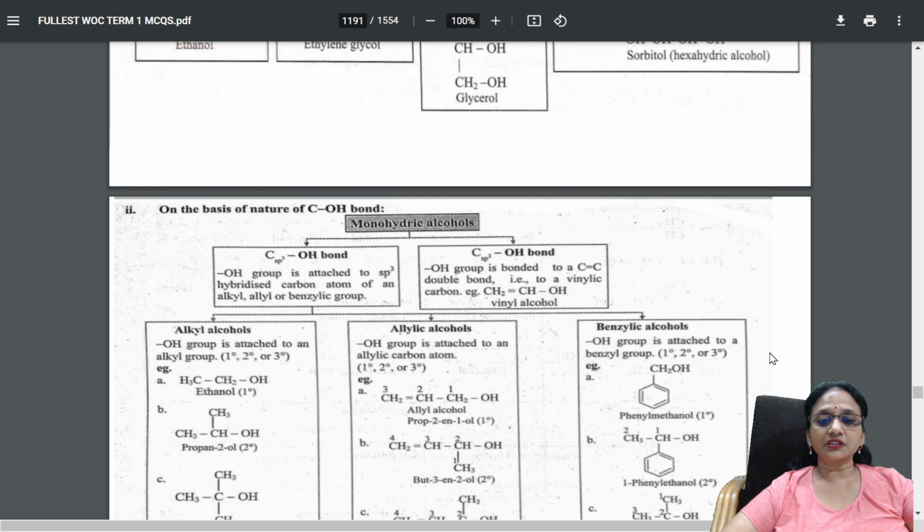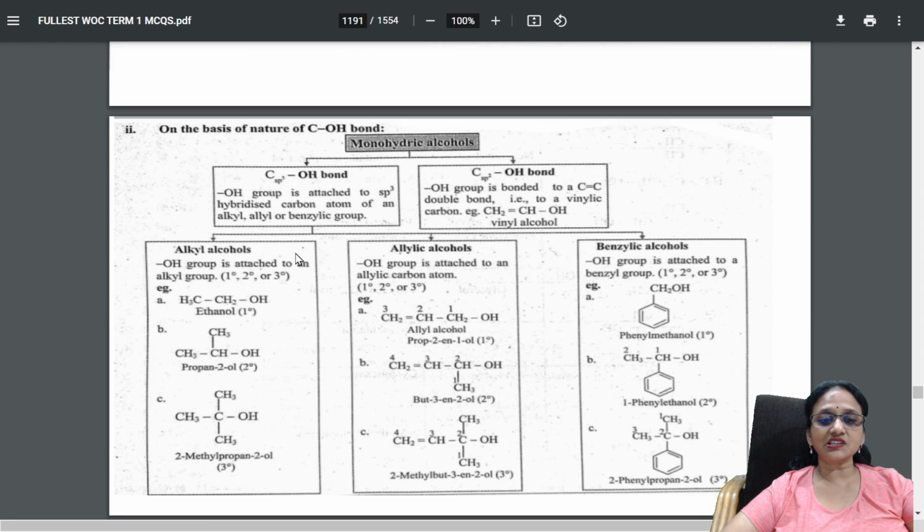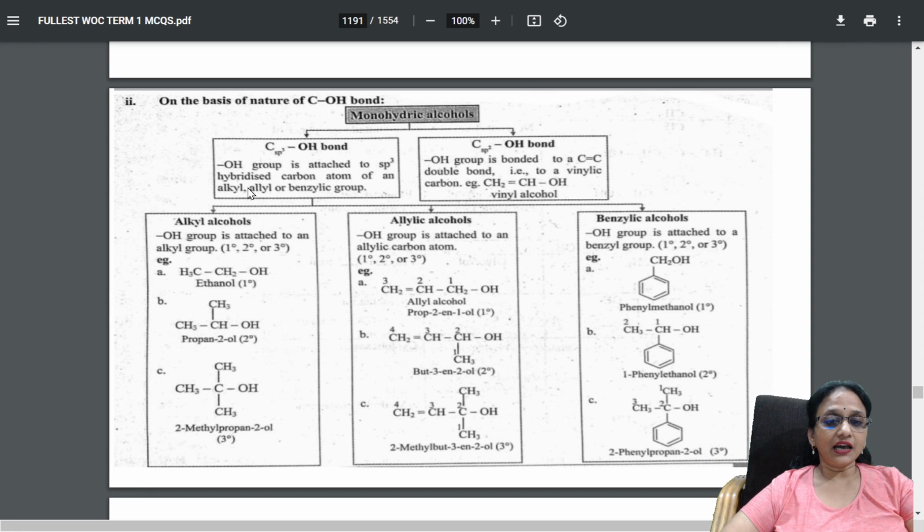Yes, students, further, monohydric alcohols are again classified into alkyl, allyl, and benzyl. Alkyl alcohols are further classified into primary, secondary, and tertiary. Allylic, where you have an OH group attached to a CH2, which is further attached to a double bond. So in allyl, there is a CH2 group which is attached to OH.